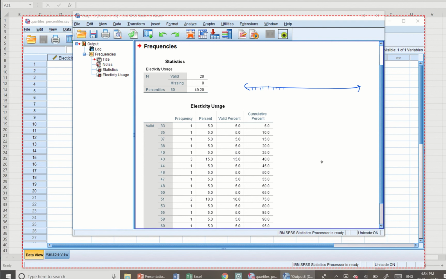If the series is divided like that, then the 60th part is P60 and its value is 49.20. And as we were saying last time, this value is equal to the size of 0.60 into n plus 1 item.